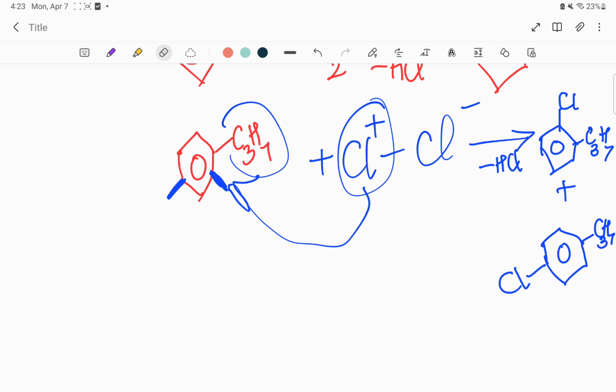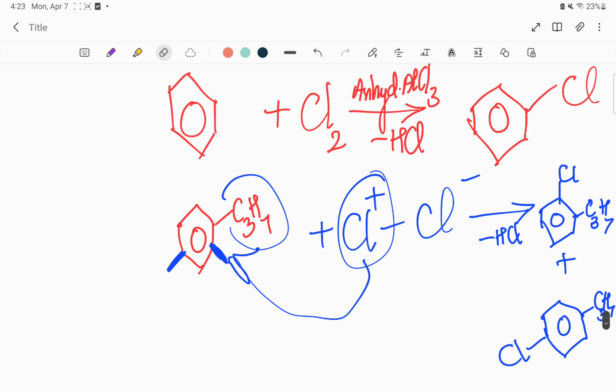So if you want to stop the reversible reaction, you have to use an oxidizing agent like HIO4 or HNO3, then the reversibility will be stopped because the HI formed is going to get oxidized.